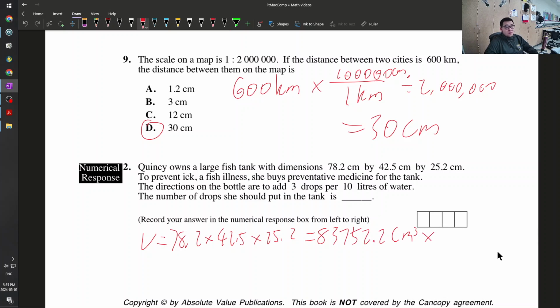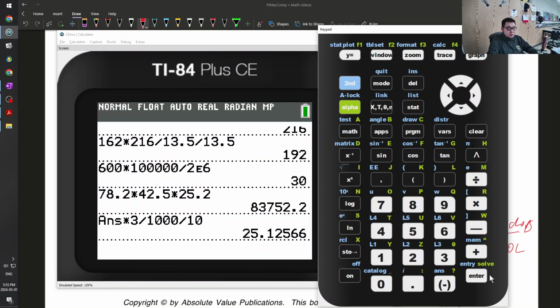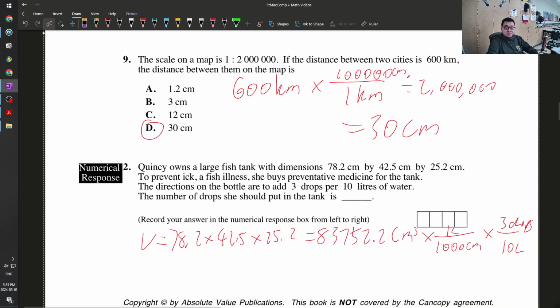And for 1,000 cubic centimeters, it is 1 liter. And then for every 10 liters, it is 3 drops. Okay, so take this, multiply by 3, divide by 1,000, divide by 10. So multiply by 3, divide by 1,000, divide by 10, gives me 25 drops.